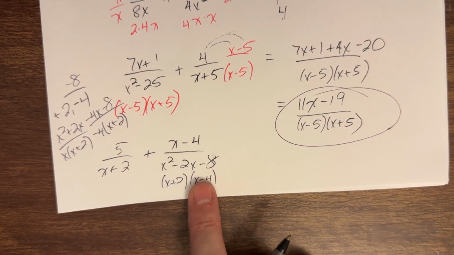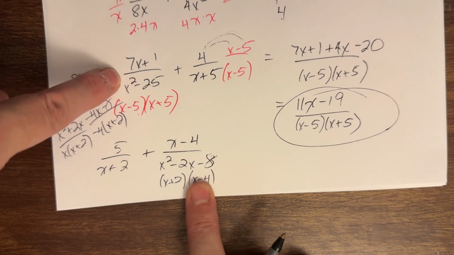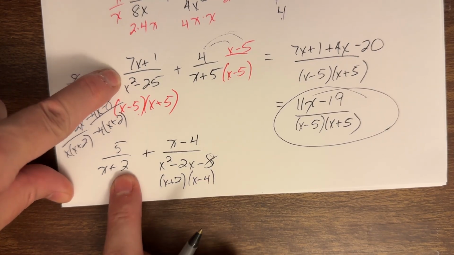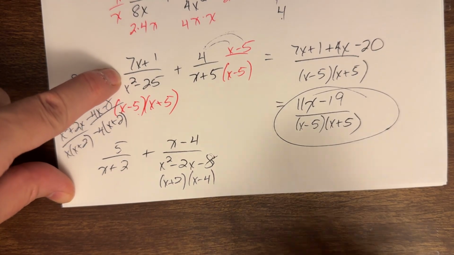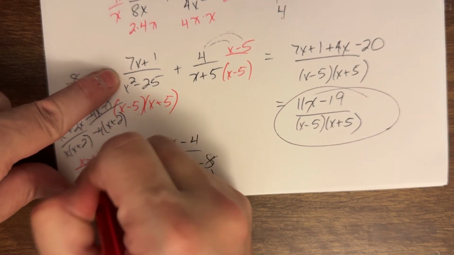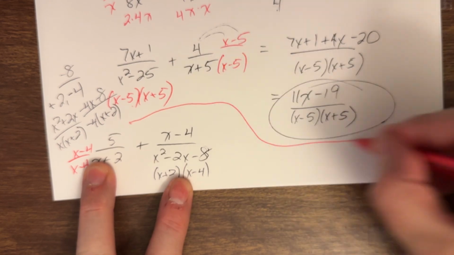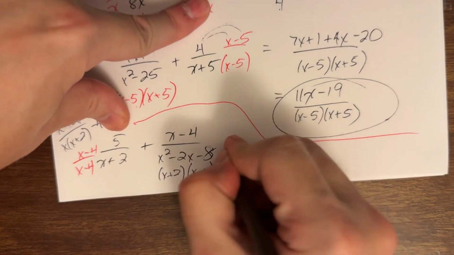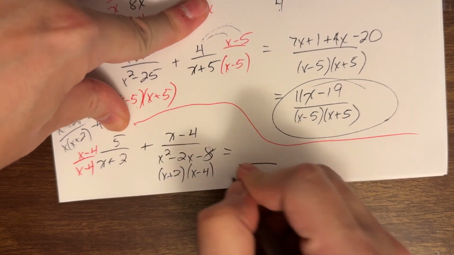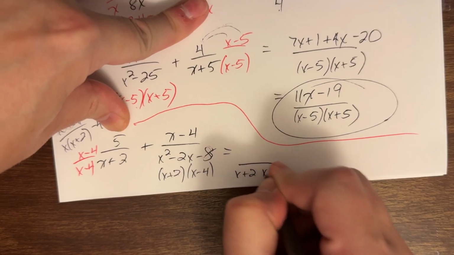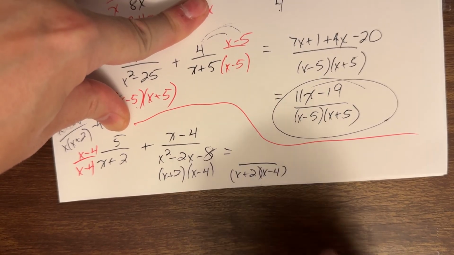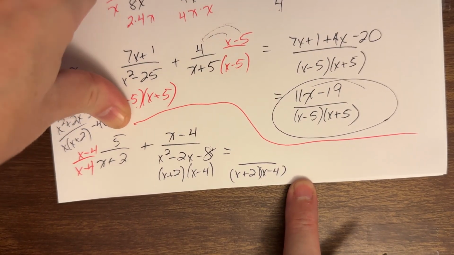And now we can see this problem is pretty similar to this problem. This is missing the x minus 4, so I'll multiply top and bottom by x minus 4. Sneak that in down here. I've got the x plus 2, x minus 4 in my denominator.